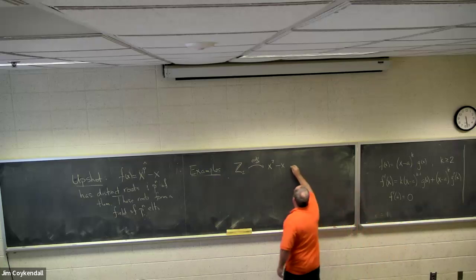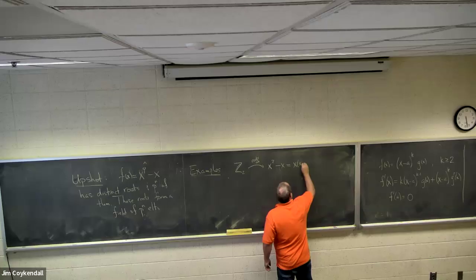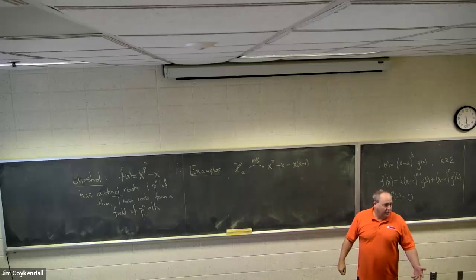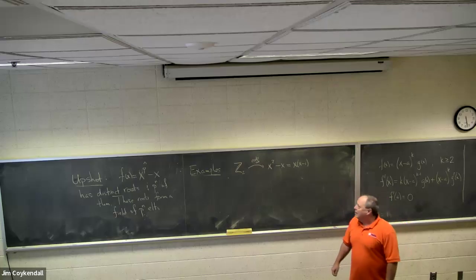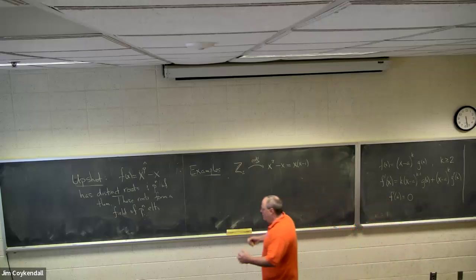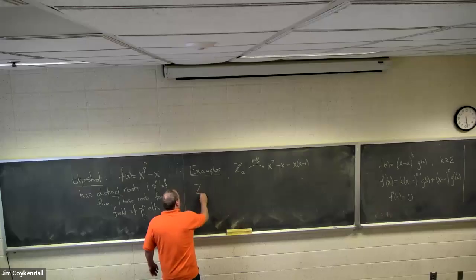And how about this? 0, 1, which was what we see in our field of 2 elements. Everybody agree with that? No shock there. We already knew that's Z_2. Let's up the voltage.